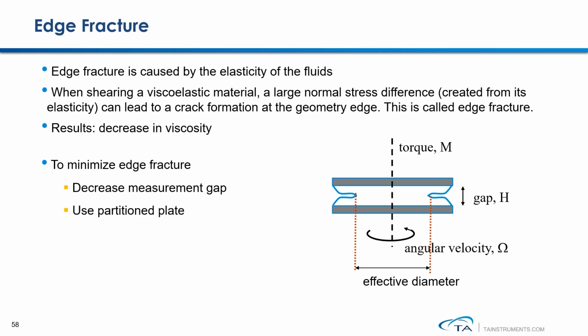When edge fracture occurred, most likely your measured viscosity will be lower than the true viscosity of your sample. To minimize edge fracture in a flow experiment, you can consider relatively decreasing your measurement gap, or if you are an Aries G2 user, you can consider using this cone partitioned plate.